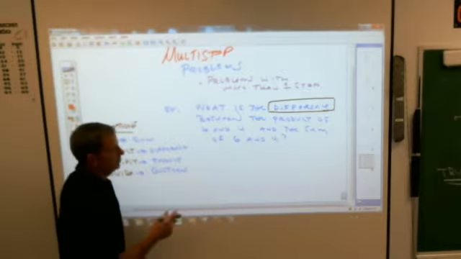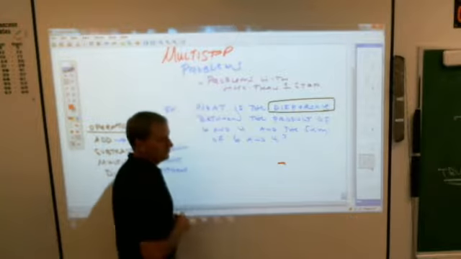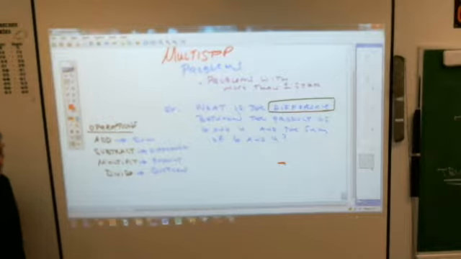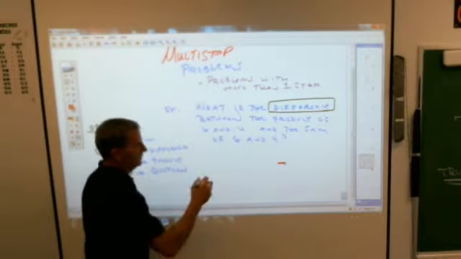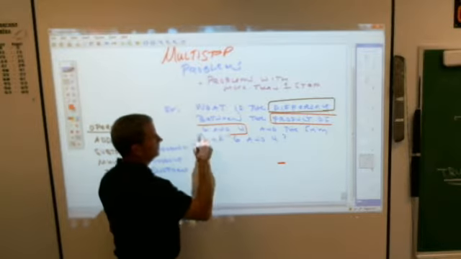So the first word we come to, it says, what's the difference? So you're trying to find the difference, which means there's going to be subtraction in that problem. So you put down a little subtraction sign. And then you have to answer this question, what am I subtracting? Well, that's what the rest of the problem is for. You are subtracting the product of 6 and 4.